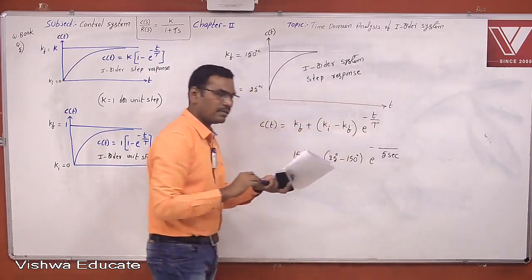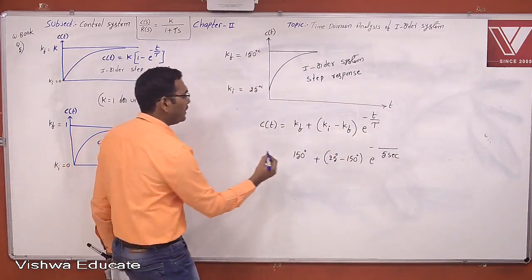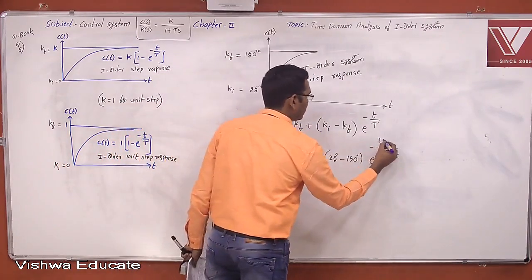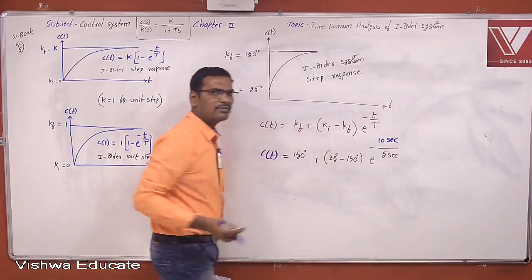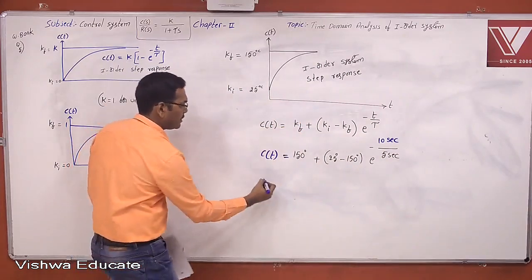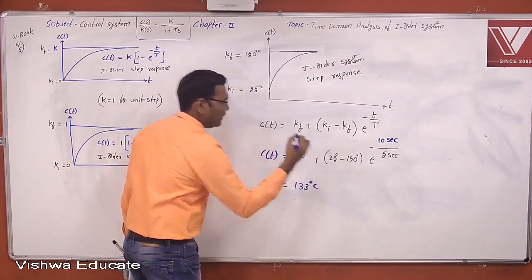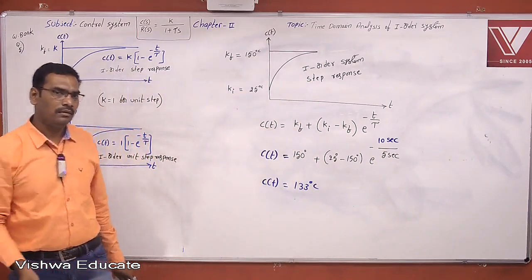What is the question he is asking? What temperature will be indicated by the thermometer after 10 seconds? Means, after 10 seconds, what is the response? Simplify this. 133 degrees centigrade is the response. Note this one down, students.